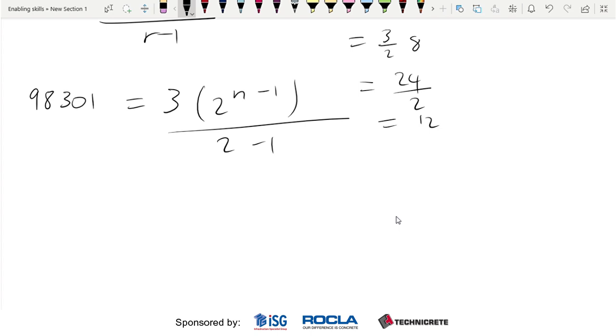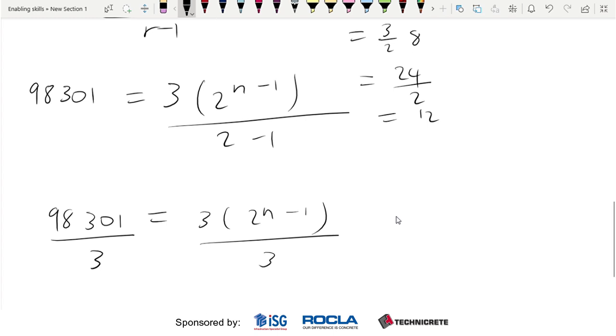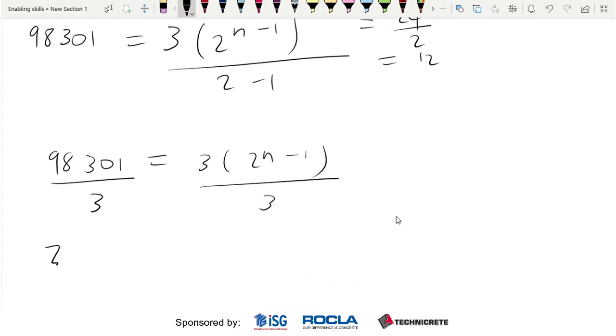Now 2 minus 1 is just 1. So this is 98,301 is equal to 3 times 2 to the power of n minus 1. If we divide both sides by 3, we'll be left with 32,767 is equal to 2 to the power of n minus 1.